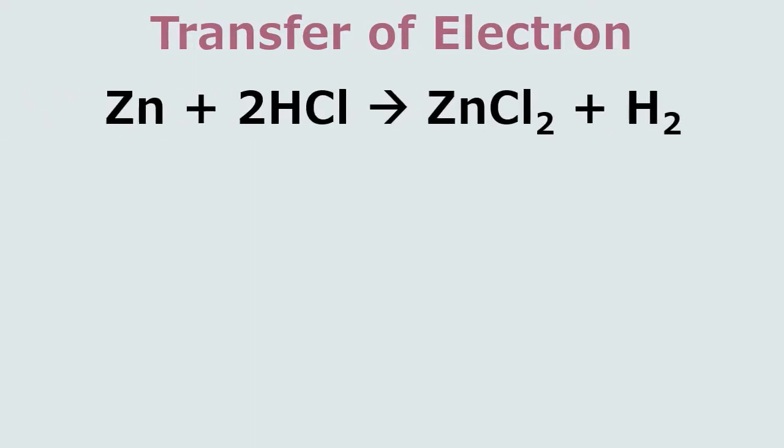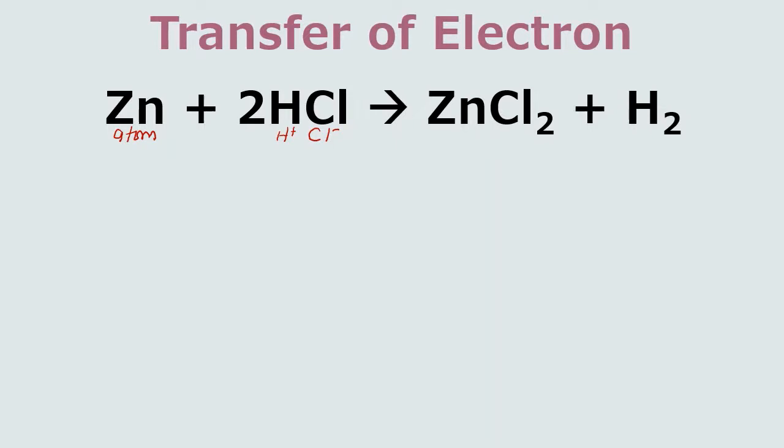Let us discuss the second example that occurs in the transfer of electrons. The reaction is between zinc atom and hydrochloric acid. We know that hydrochloric acid must dissolve in water to form hydrogen ion and chloride ion in order to react with zinc atom.